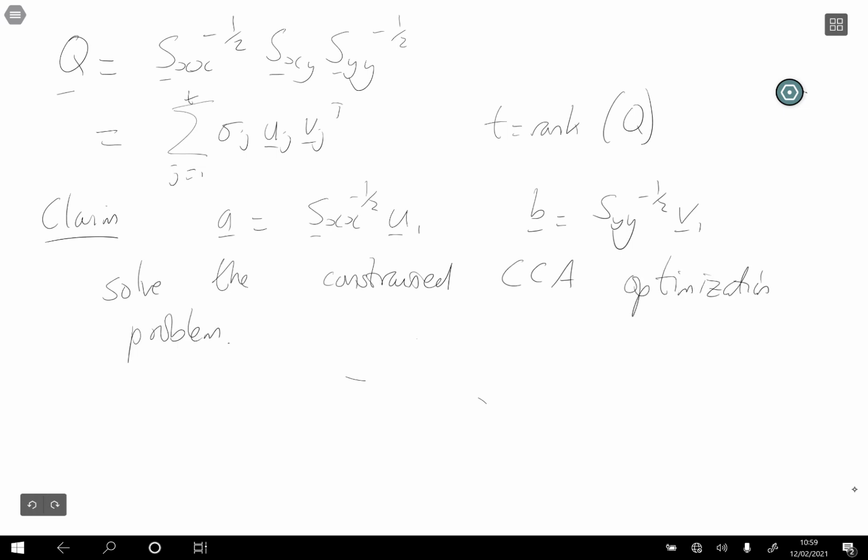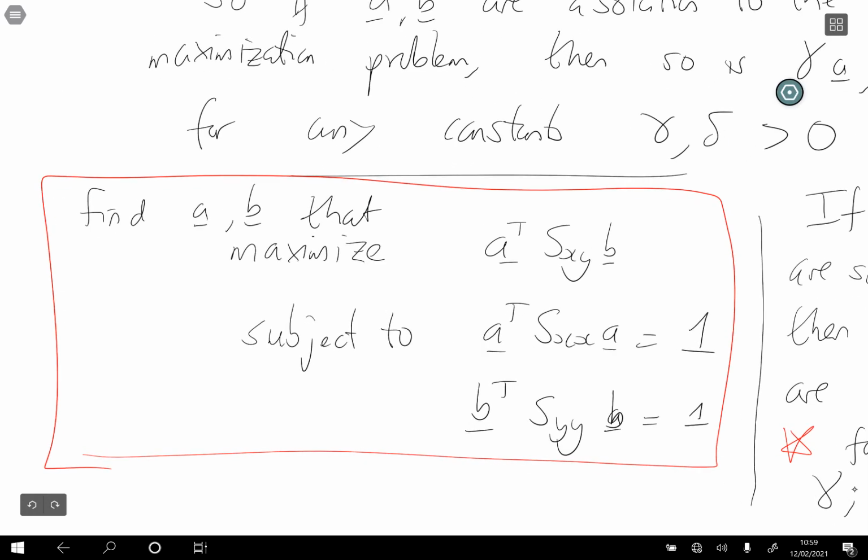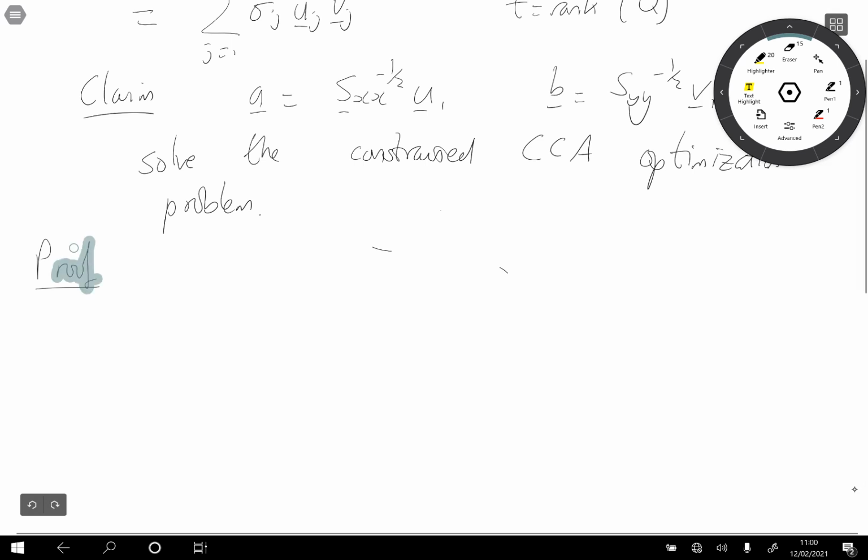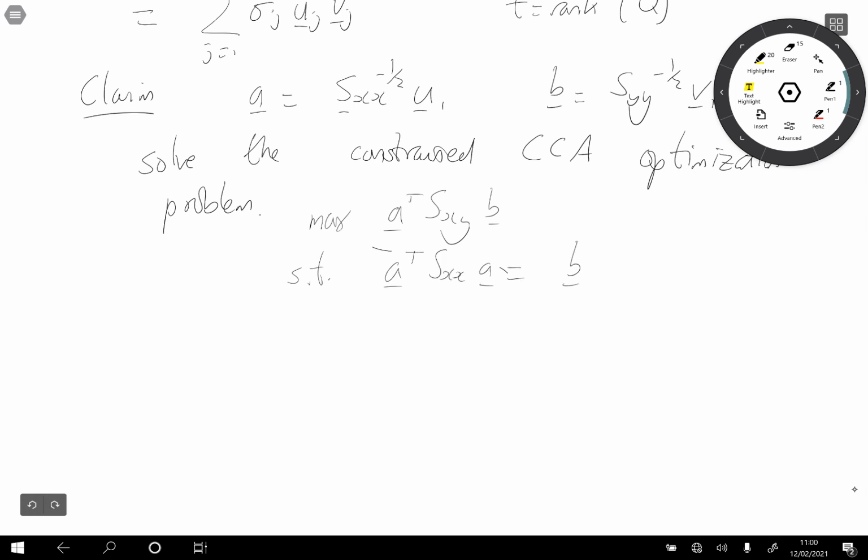So just to remind you what that problem was: those vectors A and B maximize the correlation subject to having these constraints imposed. So they solve the constrained optimization problem, which was maximize A transpose S_XY B subject to A transpose S_XX A equals B transpose S_YY B equals 1.